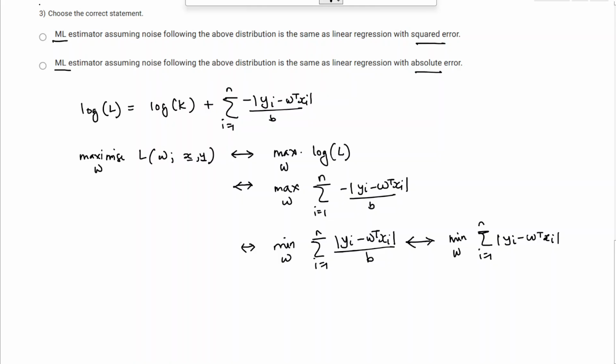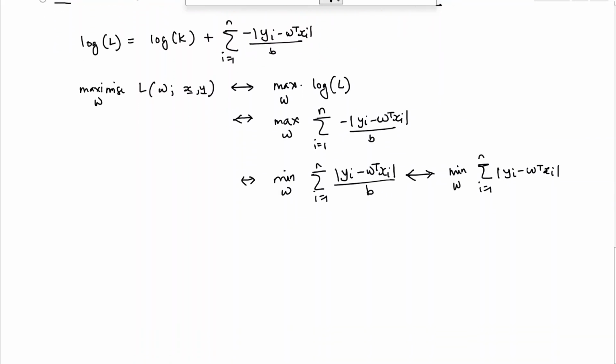Now this is the same as saying that in the OLS method, the ordinary least squares method, if I take the error of i to be yi minus the predicted value yi hat. So this is the observed value, this is the predicted value, and then I take the mod, the modulus distance.